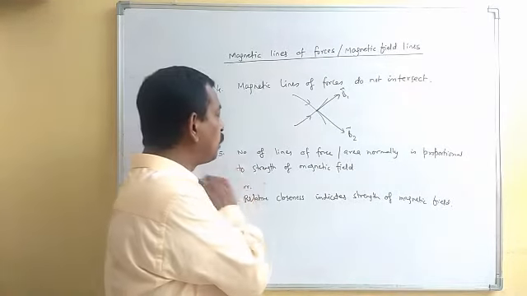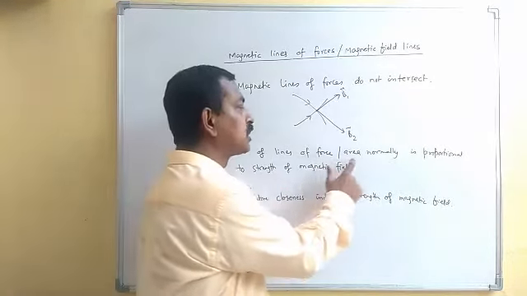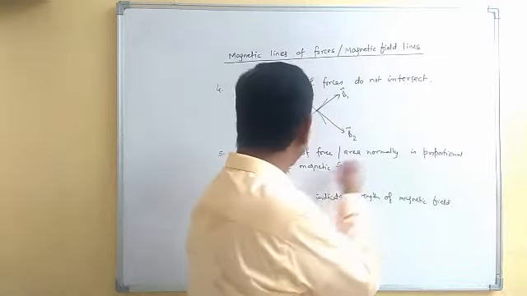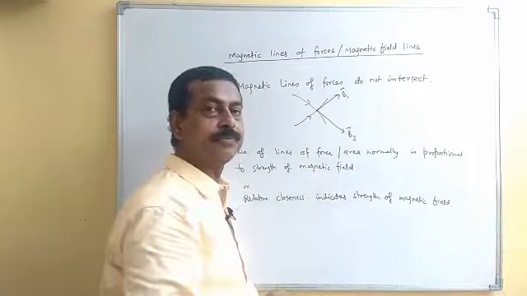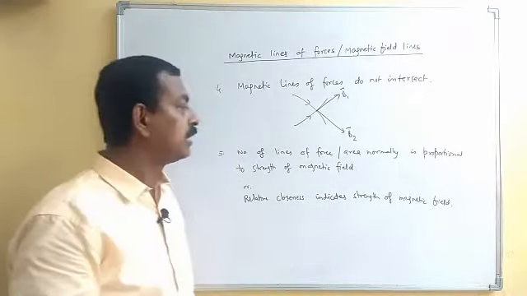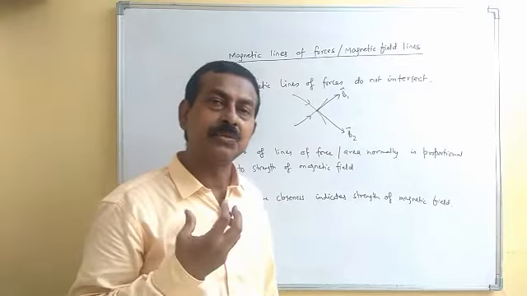Next property: the number of lines of force per unit area normally is proportional to the strength of the magnetic field. Or you can simply say that relative closeness indicates the strength of the magnetic field.